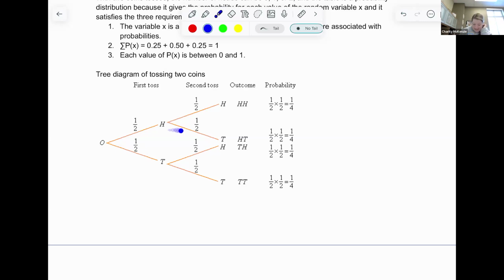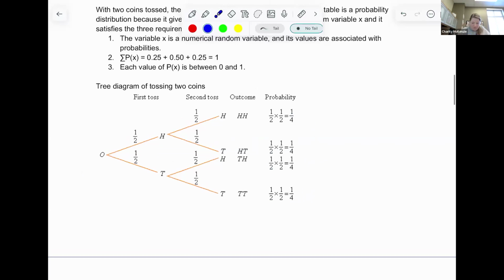Then if I flip again, it's the same way, half. And so you can see that to go heads, heads, it's 1/2 times 1/2 or 1/4 probability. To go heads, tails, it's 1/4. Tails, heads is 1/4, and tails, tails is 1/4. So there's 4 different options there, and 1/4 for each one.